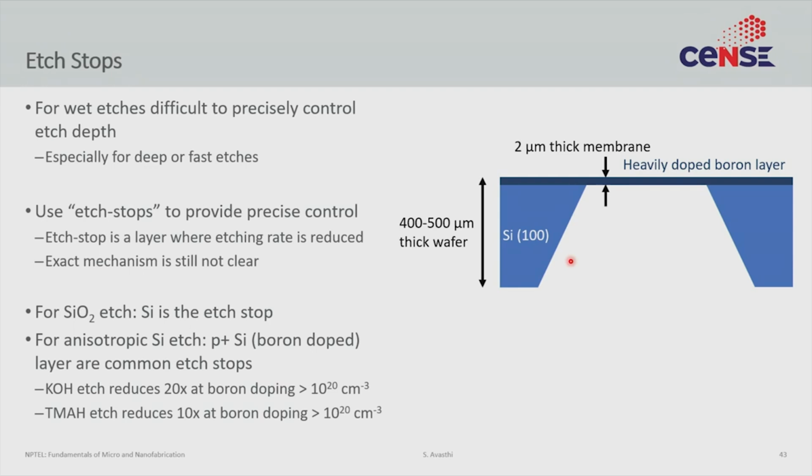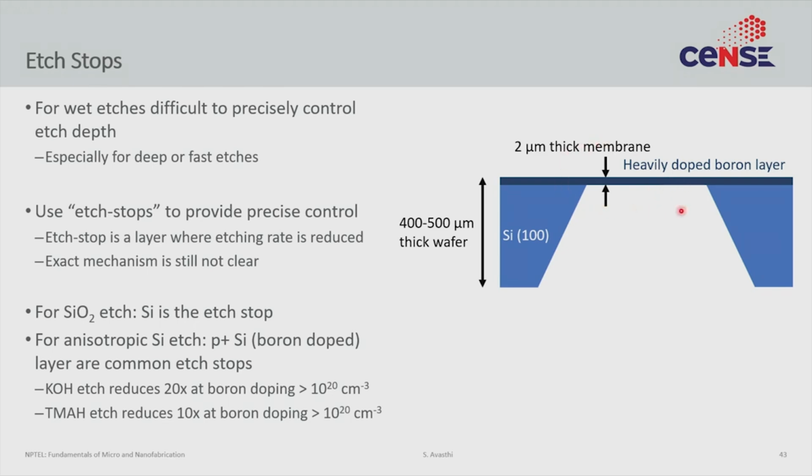Etch stops represent some films which will not be etched by the solution that we are using. So, in this case, supposing this dark blue layer is an etch stop. What that means is this etching will continue happening in the silicon 100, but as soon as it reaches this dark blue layer, the etching will stop, or the etching rate will reduce so much that for all practical purposes, the etching is not happening anymore.